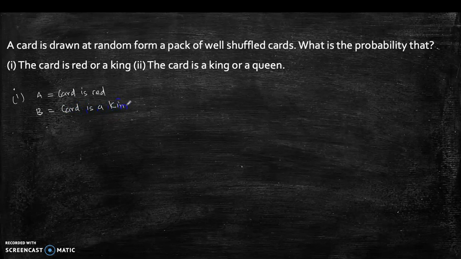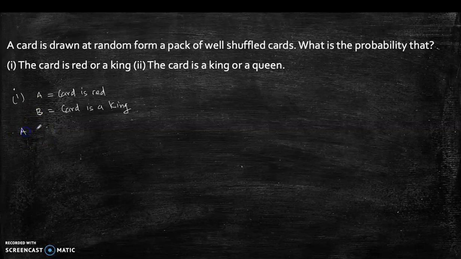So in a pack of cards, I know there are 2 red kings. One is the king of diamond, the other is the king of heart. So there is a possibility that if I take a card out and it comes out as the king of diamond, then it is red also and it is a king also. So that means these two events are not disjoint.